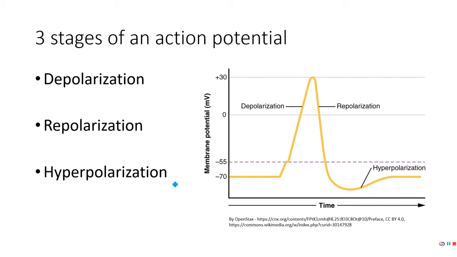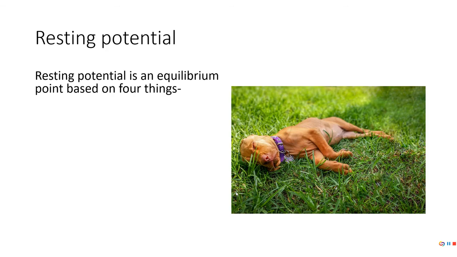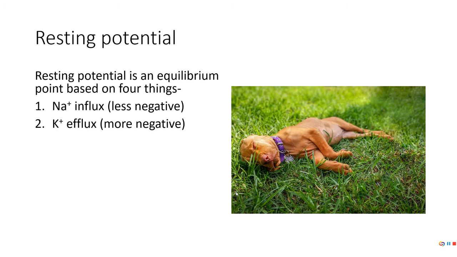Now remember from our last video, resting membrane potential in a neuron is -70. If there's no stimulus, no change, that's where we're at. It's an equilibrium point based on sodium influx through the sodium leak channel, potassium efflux through the potassium leak channels, the sodium-potassium pump making it more negative, as well as the proteins.